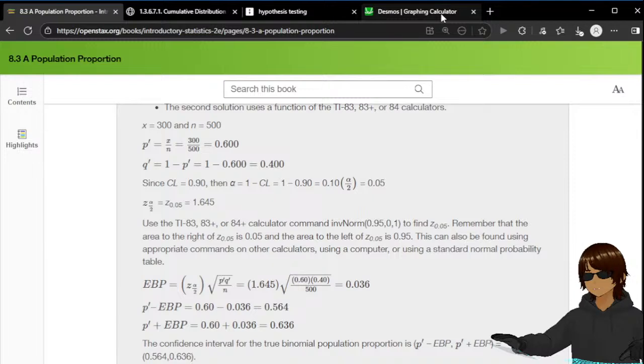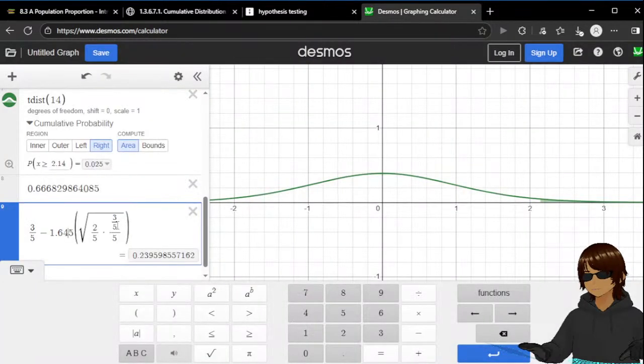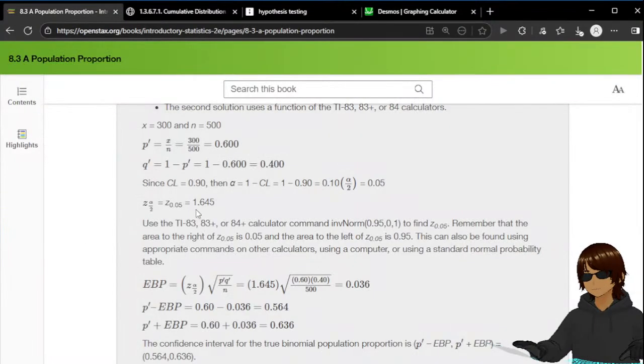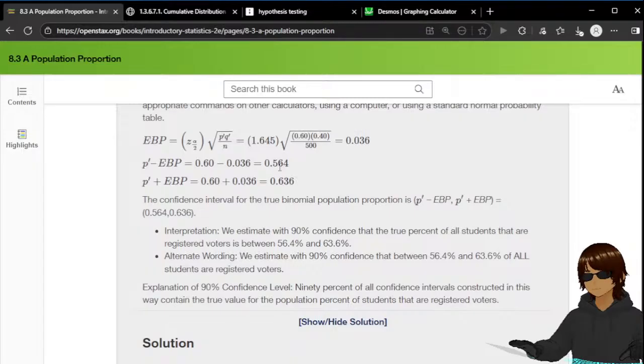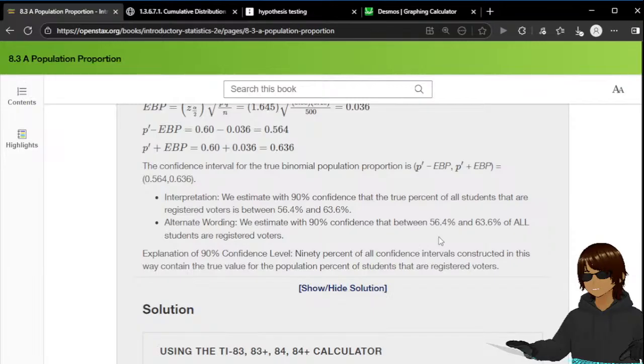It's divided by 500, right? Divided by 500. So it's between 0.564 and 0.636. Yep, between these two percentages.